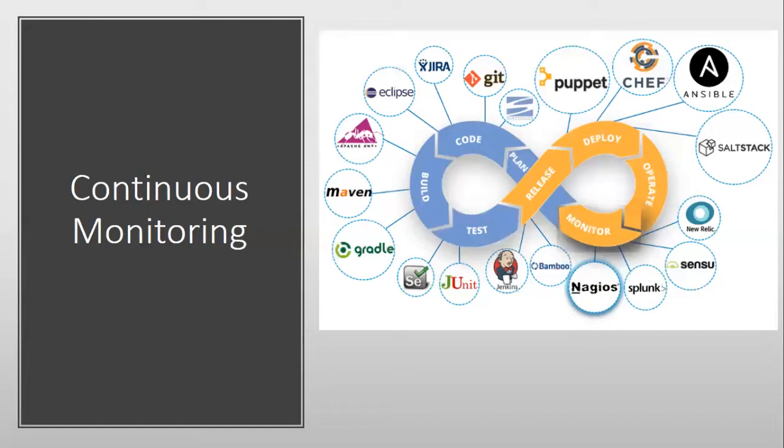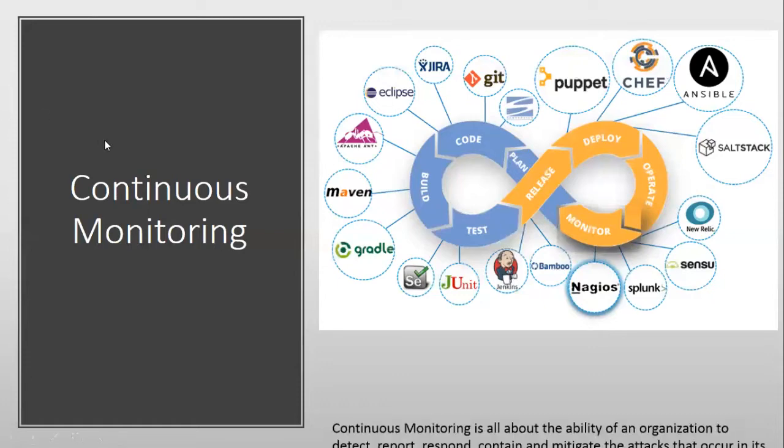Now, the next question arises, when do we need continuous monitoring and who actually needs it? The answer is, in almost all phases of the software development life cycle, we need continuous monitoring.